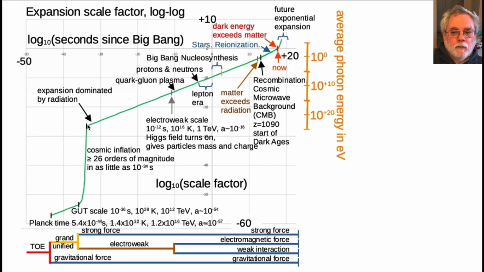If magnetic monopoles or other topological defects were created when the strong nuclear force separated from the electroweak interaction at 10 to the minus 36 seconds, and there had been no cosmic inflation, then expansion of the universe would have been dominated by the matter density of the topological defects from 10 to the minus 16 seconds onward.